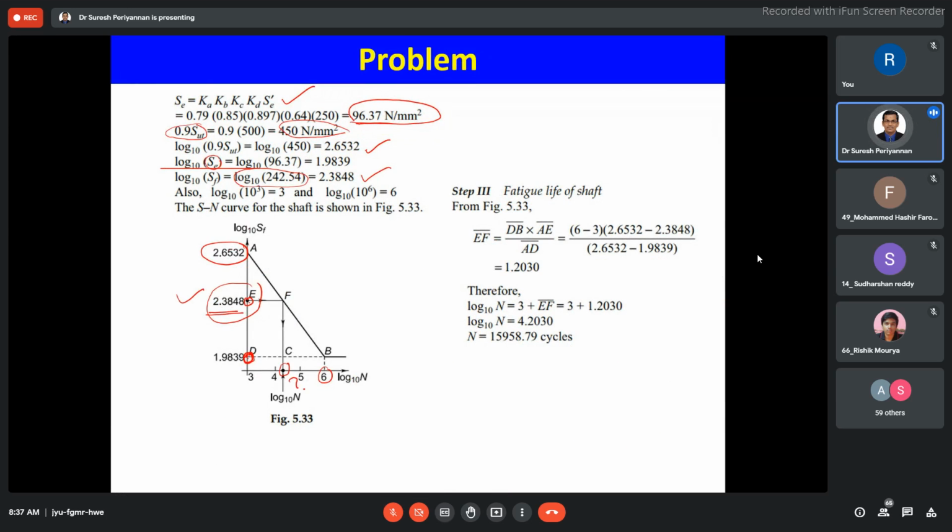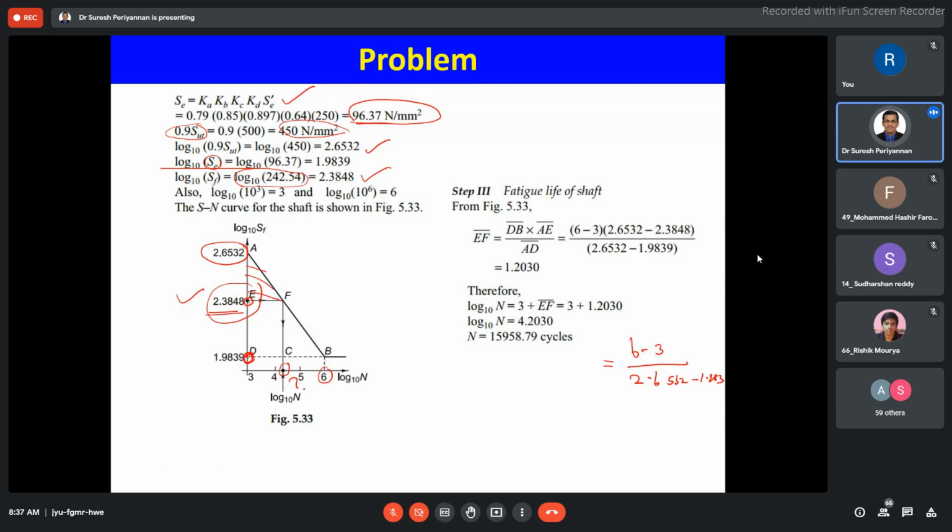Now, a similar approach. Just see here: 6 minus 3 divided by 2.6532 minus 1.9839. This is the bigger triangle. Now take the second, smaller triangle.